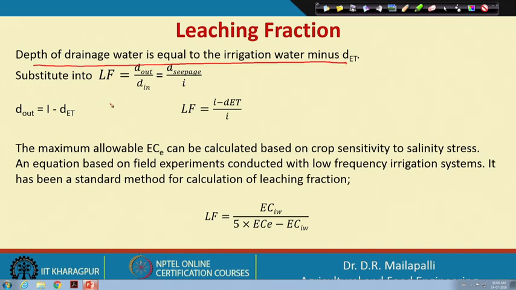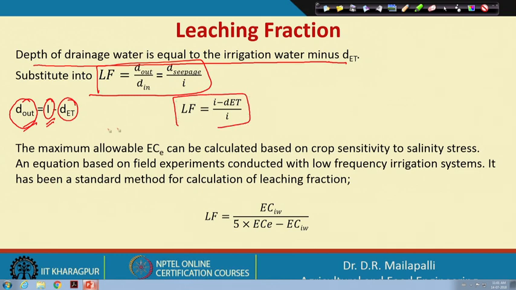So, D out is equal to I minus DET, the depth of water under evapotranspiration subtracted from the amount of water applied. Getting the LF equation, LF equals D out by D in, so LF is equal to I minus DET, divided by I. This is the leaching fraction in terms of water depths.